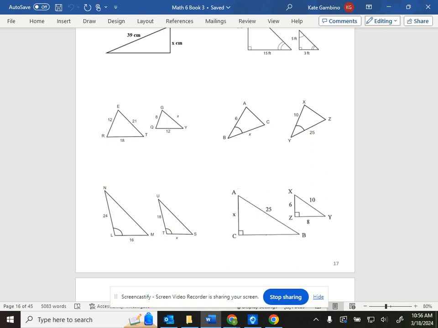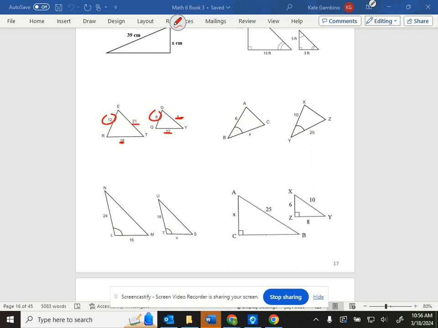It doesn't matter which sides I line up. I have to line up my question, but then I could do the 12 to 8 or the 18 and this 12. Okay? It doesn't matter which side. They are similar, so they are proportionate no matter what. You just have to pick one.